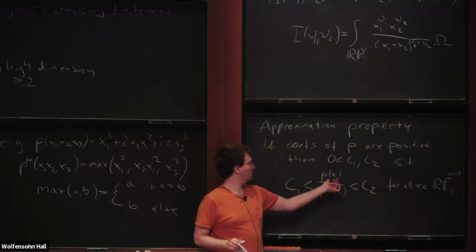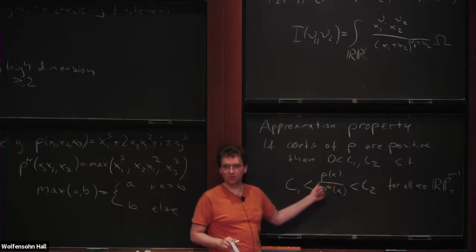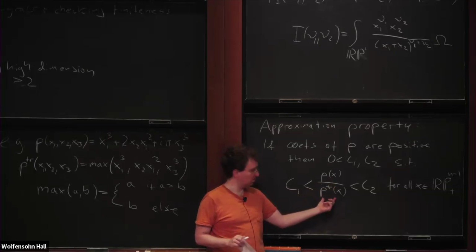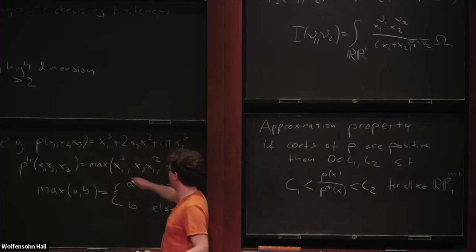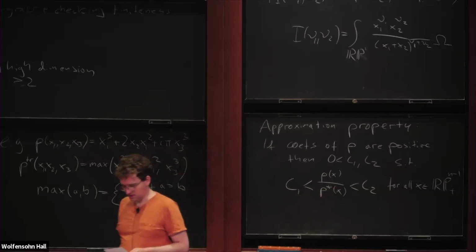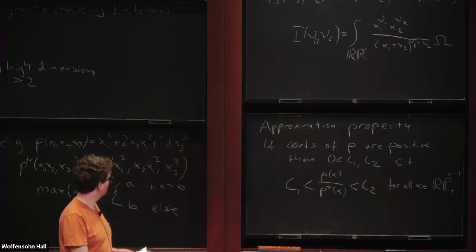And for this to hold, of course, P of X also must be a homogeneous polynomial. And P trop obviously has the same scaling behavior as the original P. So this is this nice approximation property.